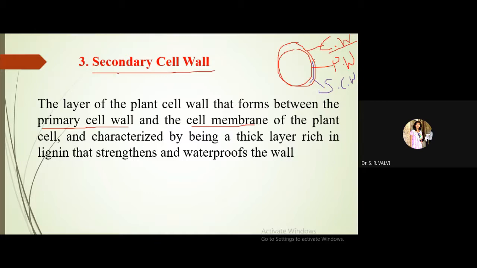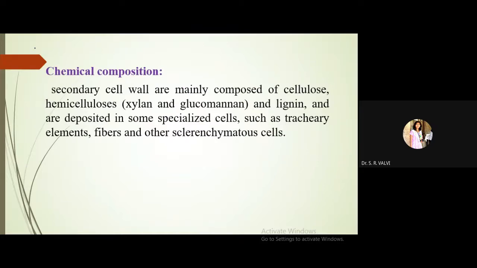So what is the characteristic of the secondary cell wall? It is thick and rich in lignin, and that strengthens and waterproofs the wall. Lignin deposition occurs in the secondary cell wall, and as it has the lignin deposition, it provides mechanical strength to the plant parts where it is present. Then what is the chemical composition?